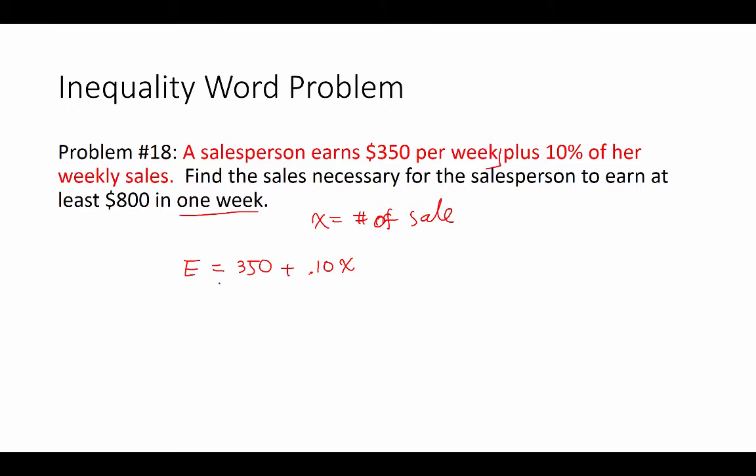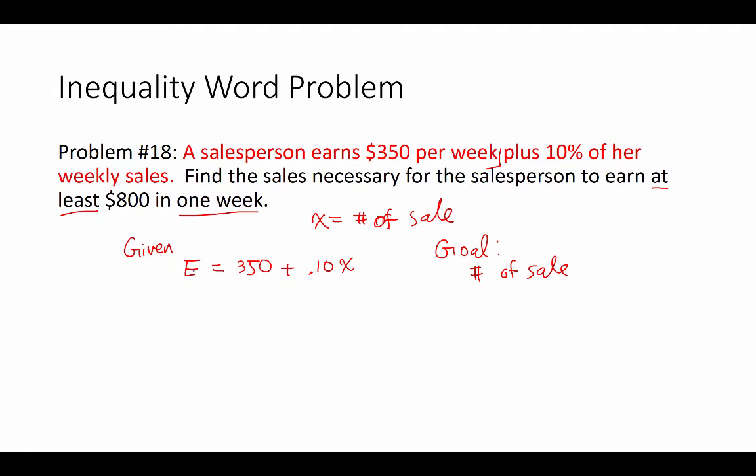But if you see the next slide, find the sales necessary for the salesperson to earn at least $800 in 1 week. We talked about 1 week, but it says at least $800, and the goal is to find the sales. So this is a given, and the goal is the number of sales. In other words, we are looking for that x. They did specify that the earning is at least $800.